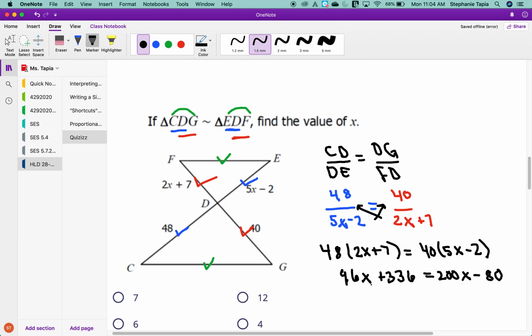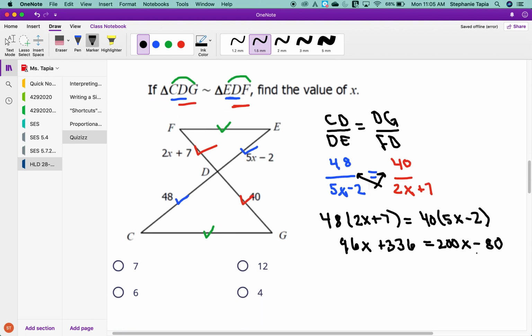So then what happens is, now I want to combine all like terms because my goal here is to isolate x. So now I'm going to add 80 on both sides. This is going to give me 416.